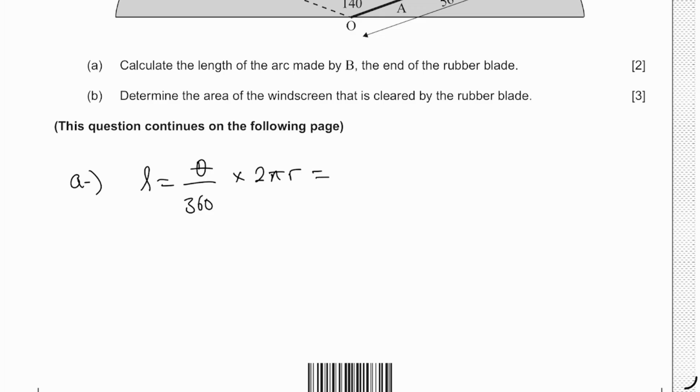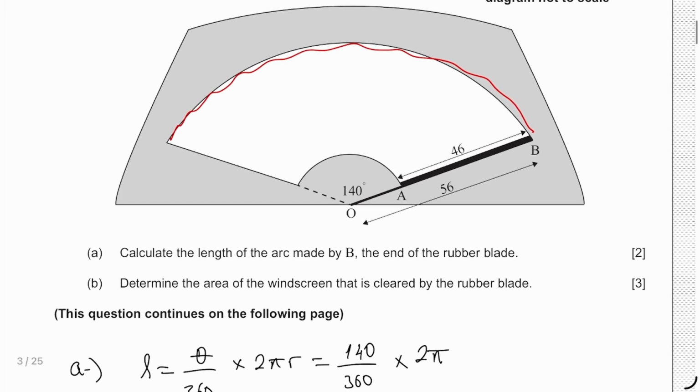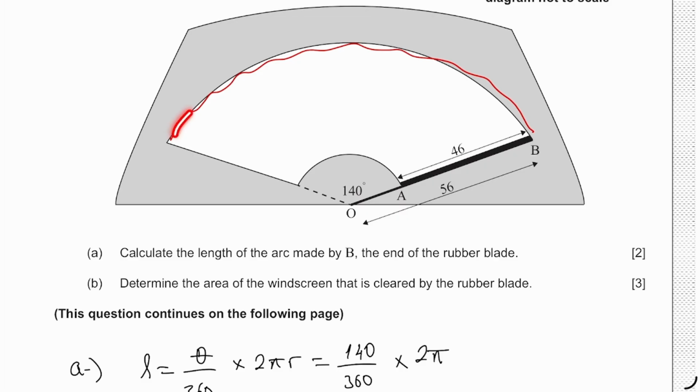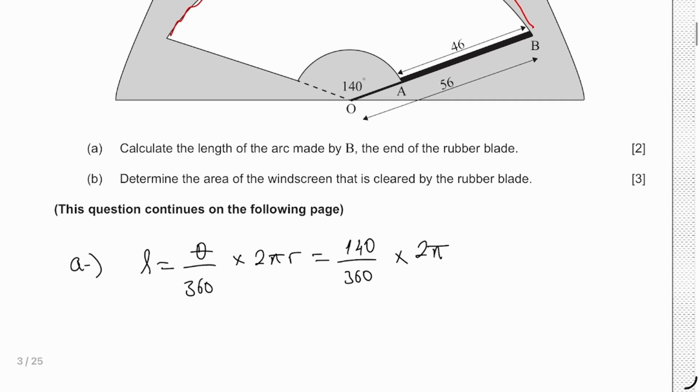So our angle is 140, over 360 times 2 pi r. What is r? R is the total radius, because we're going to find this arc length. So r is 56.